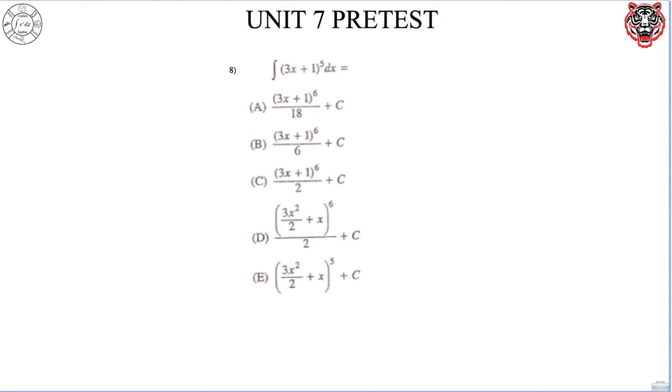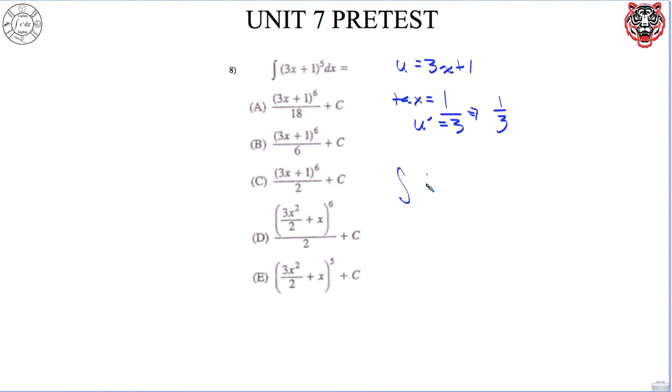All right, number 8. So I need to take the integral of this thing. You'll notice that the inner function is not x, therefore we're using taxman or u substitution. Let's do taxman because that's faster. So I need my u, which is 3x plus 1. I need my taxman. That's going to equal, there is no taxman, so 1. And then I need my u prime, which is 3. This fraction is now 1/3. So I'm going to pay the taxman.